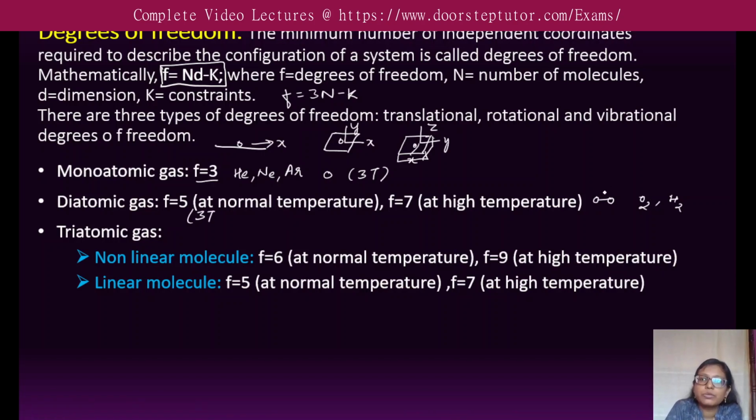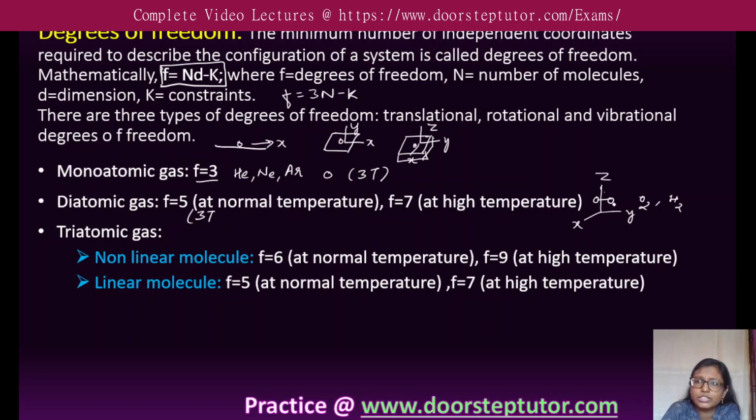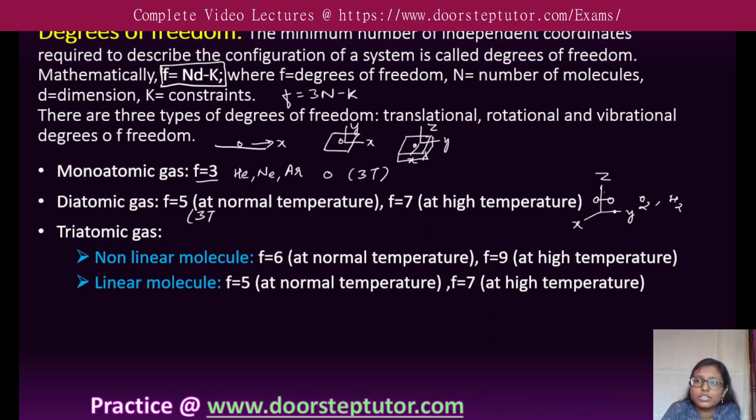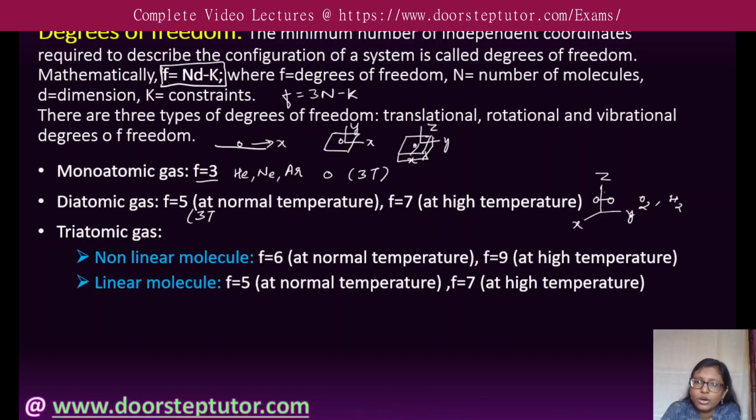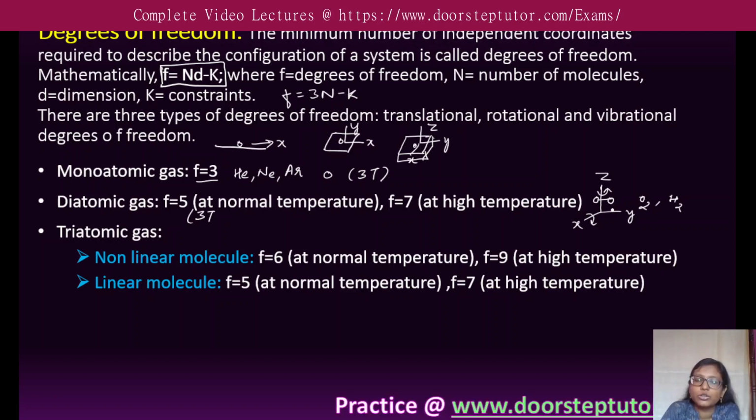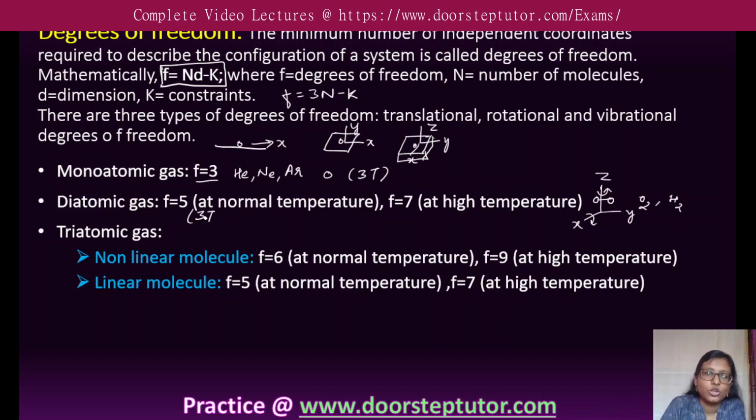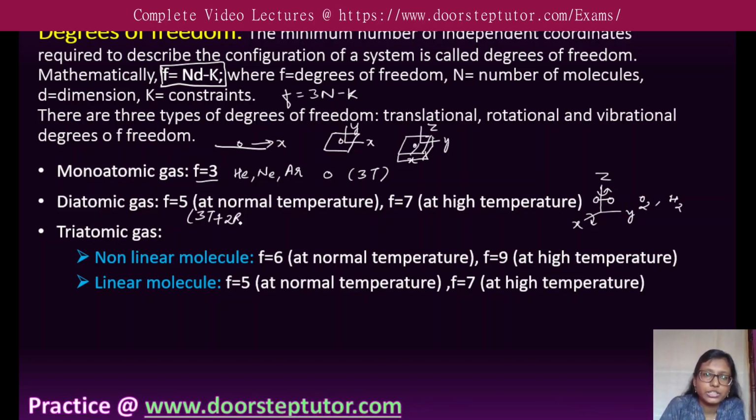Also, they will be able to rotate along two coordinates. If we consider the molecule is kept along the y coordinate, then it can rotate along the x and z coordinates. Along the y coordinate, the moment of inertia will be 0, hence it will not possess any energy, and it cannot rotate along the y direction. So only two rotational degrees of freedom.